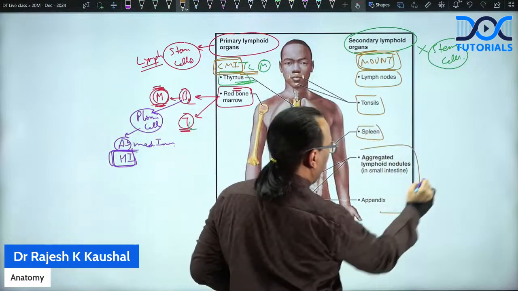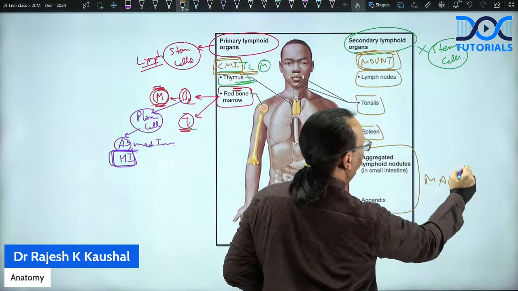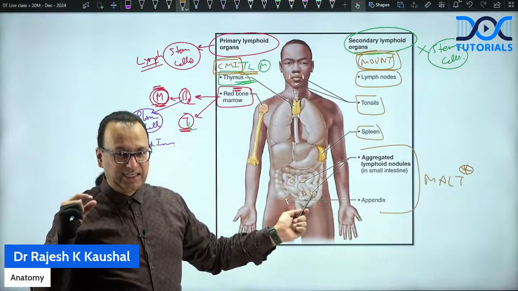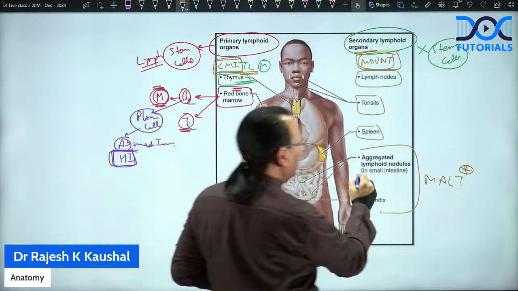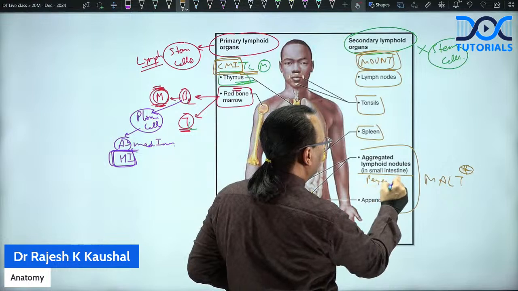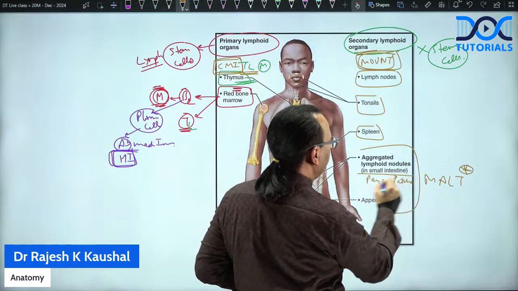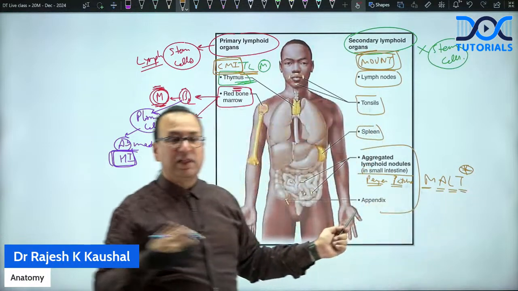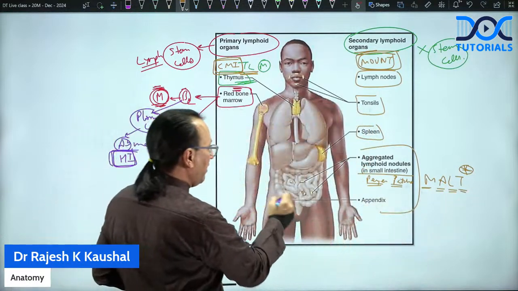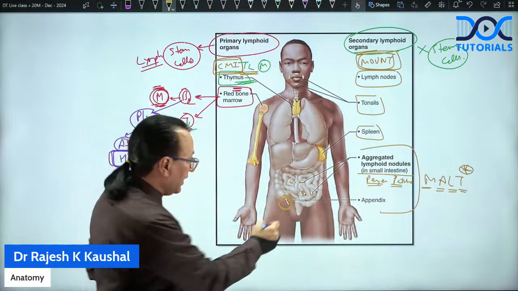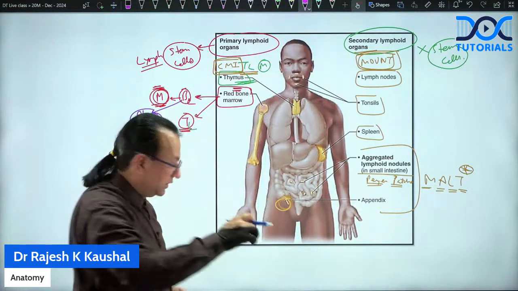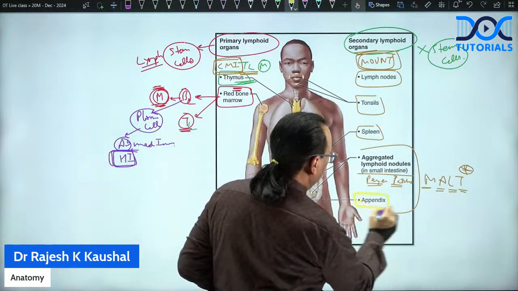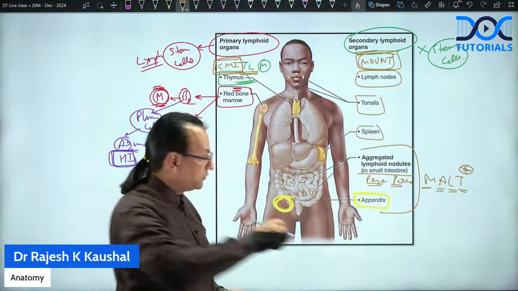Then you have MALT, mucosa associated lymphoid tissue, like in the terminal ileum, you can have Peyer's patches. Peyer's patches are basically the mucosa associated lymphoid tissue, or even in the vermiform appendix, you can have the MALT.